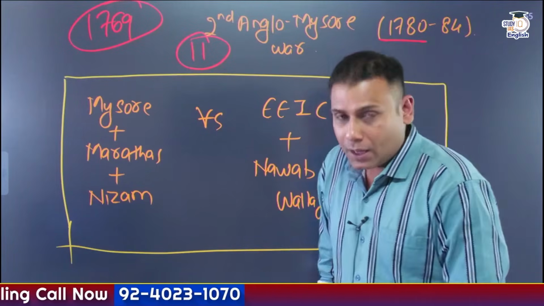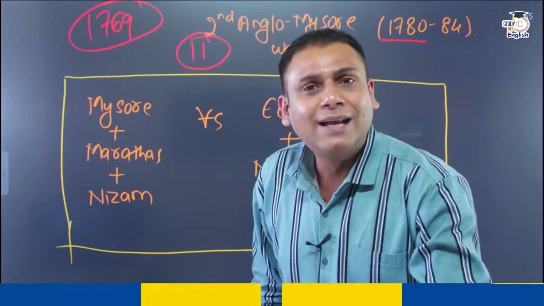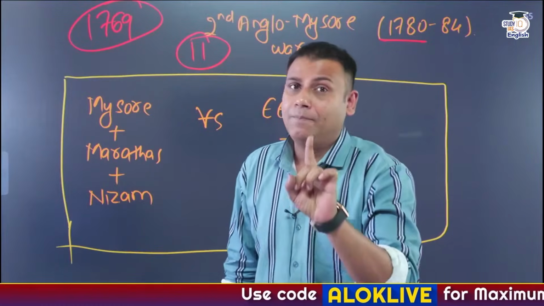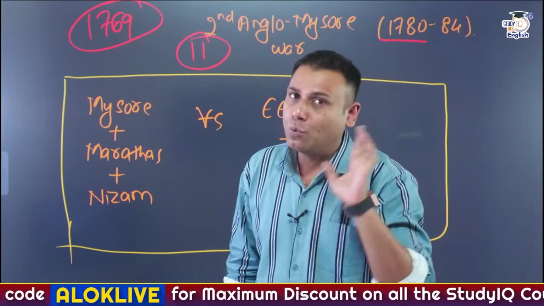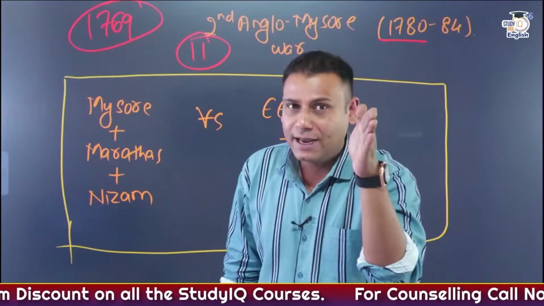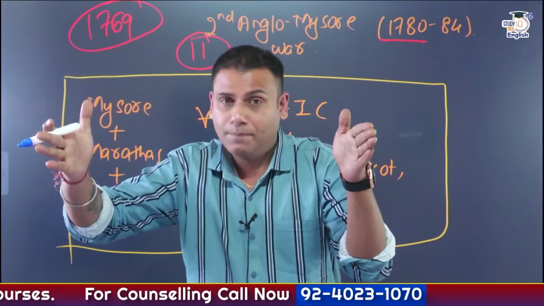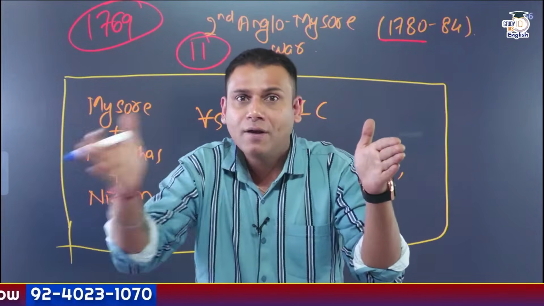Okay. In 1771, again Marathas attacked the region of Mysore. Try and understand the political dynamics at this time, so that you can easily understand the Second Anglo-Mysore War. The First Anglo-Mysore War ended in 1769. The Second Anglo-Mysore War started in 1780. So what happened within this span of 11 years?